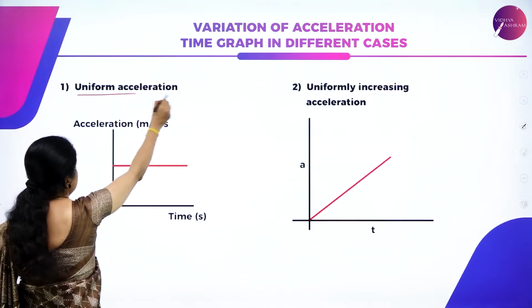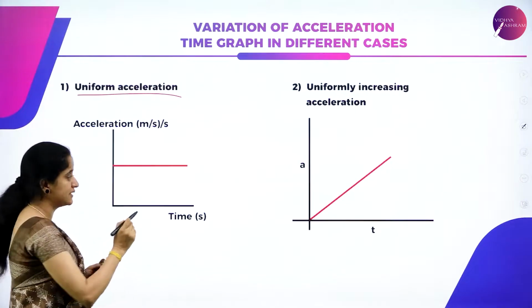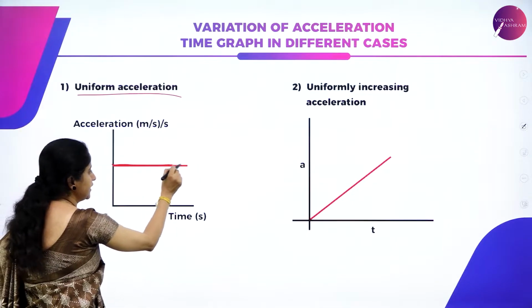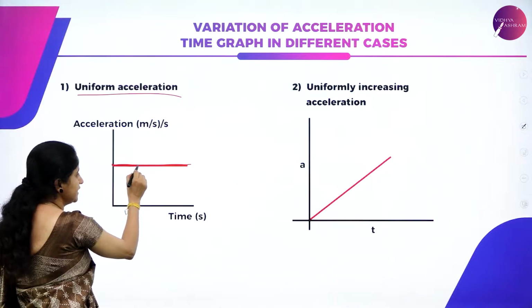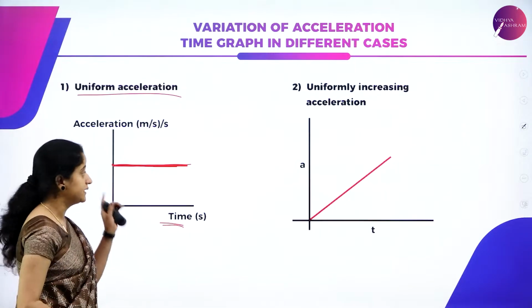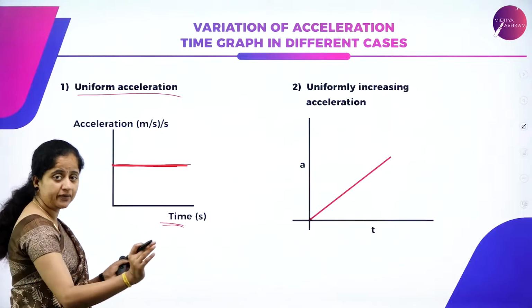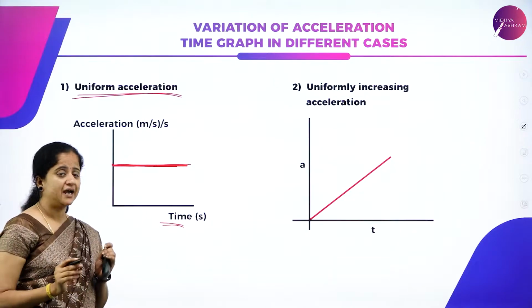So first we have uniform acceleration. If the body has a uniform acceleration, then the graph plotted is a straight line. Here we can say that the acceleration is uniform with respect to time. As the time changes, the acceleration of the body is not varying, so it is constant and hence uniform acceleration.